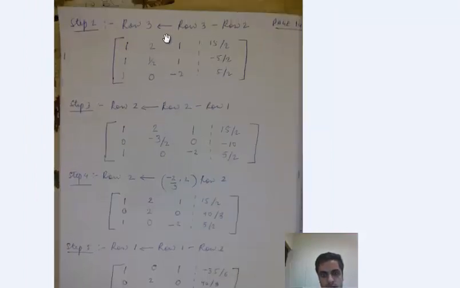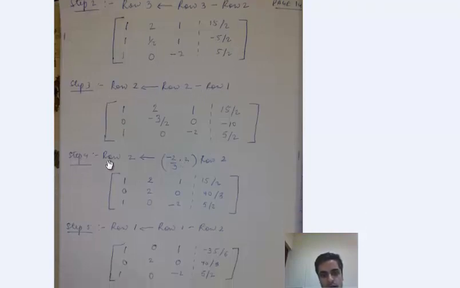Step 2, substitute row 3 by row 3 minus row 2, we get this matrix. Step 3 is substitute row 2 by row 2 minus row 1, we get this matrix. Step 4 is substituting row 2 by minus 4 by 3 row 2.